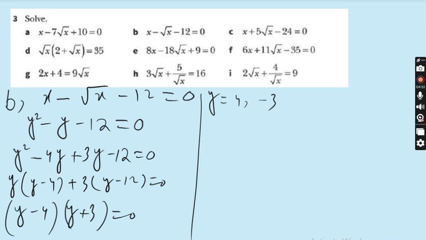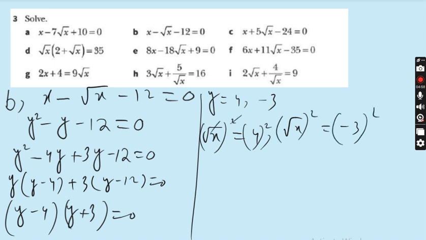What was y? Y is root x, which I didn't mention in part B but I mentioned in part A. So root x is 4 and root x is negative 3. Taking square on both sides, square and root cancel, x is equal to 16 and x is equal to 9.